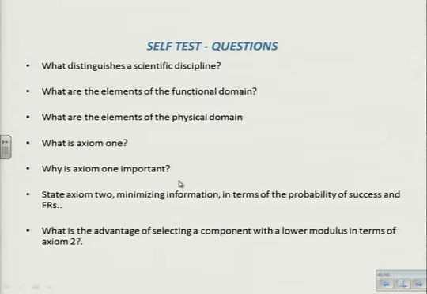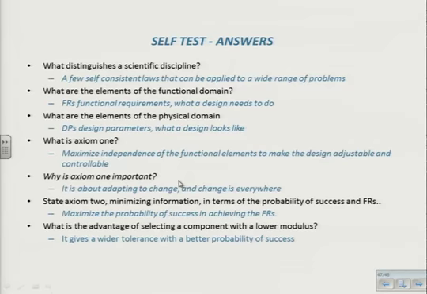All right, so here's another place where you could stop the video, take a look at these questions, and try to answer them. After you've done that, then you can advance, because the next slide is going to answer these questions. And so there are the answers.